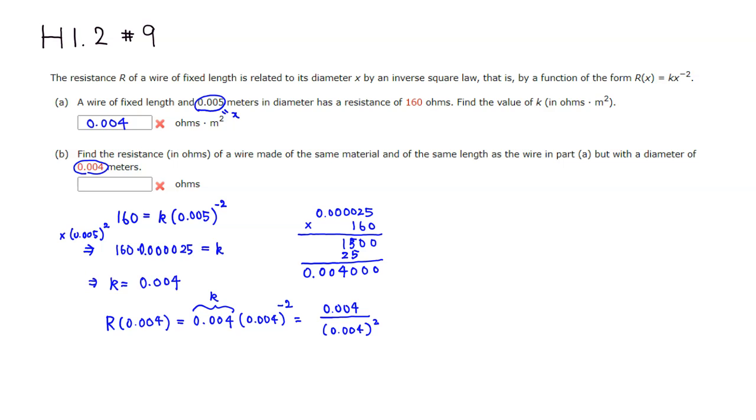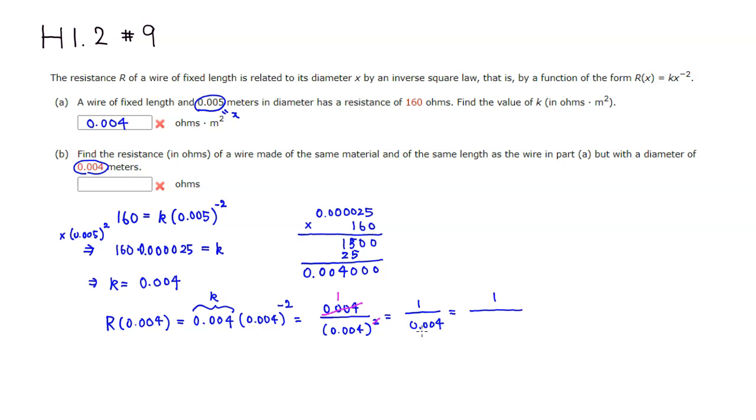So we can cancel one of these with one of them here, and it's going to be 1 over 0.004.